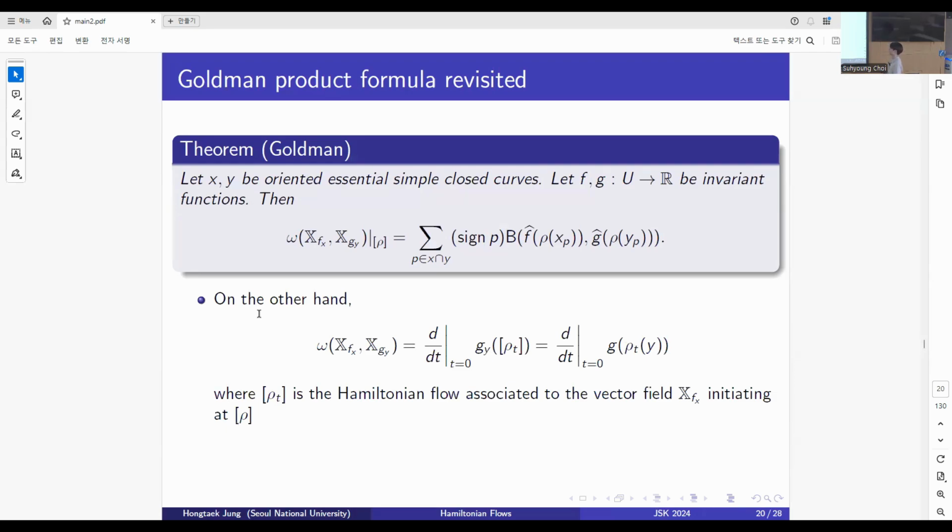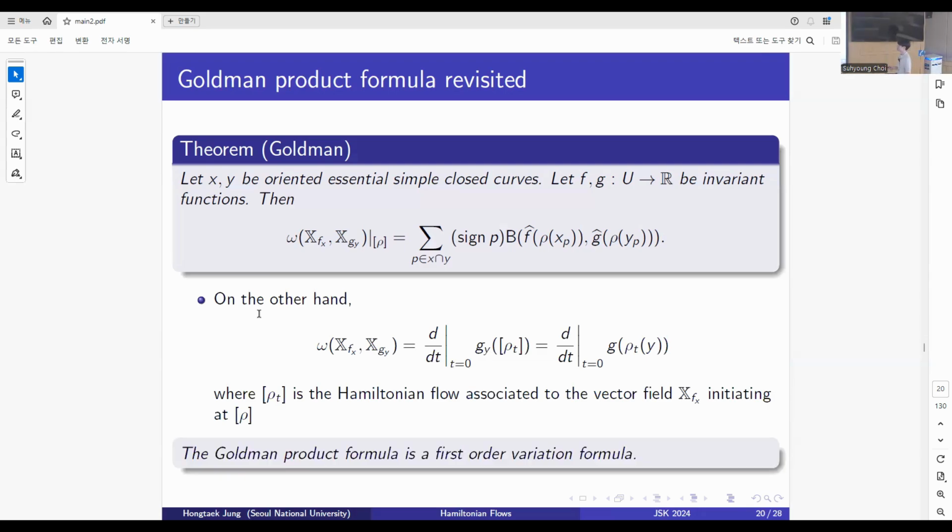So this is almost by definition, and this product is the same as the first derivative of the function g of y in the direction of the Hamiltonian flow. This Hamiltonian flow is associated to this Hamiltonian vector field. And this is a kind of reinterpretation of this gadget. And in this sense, the Goldman product formula is a kind of first variation formula for certain functions.